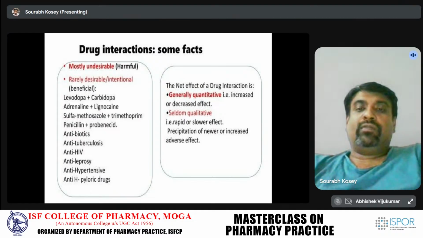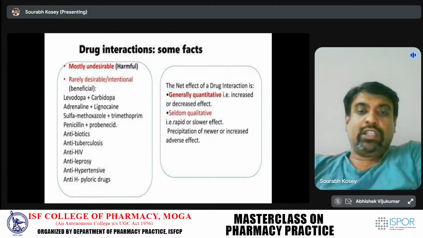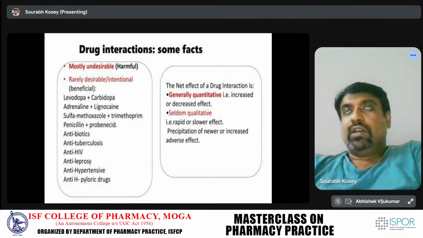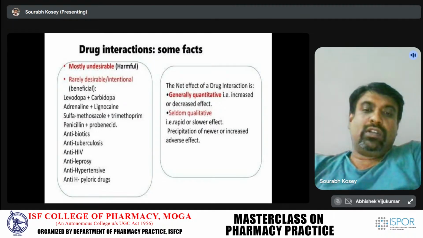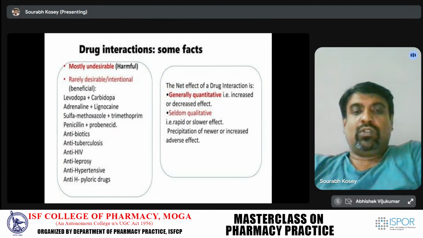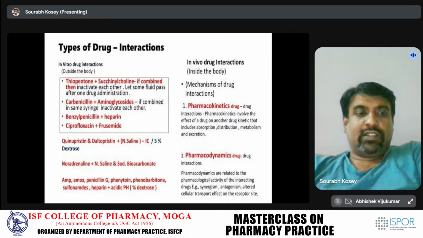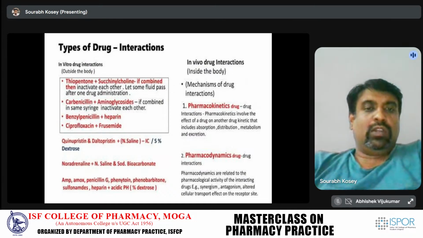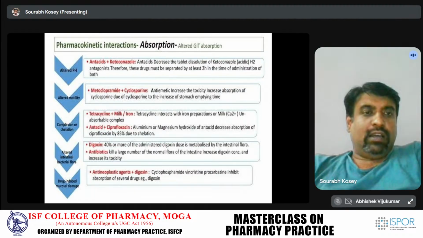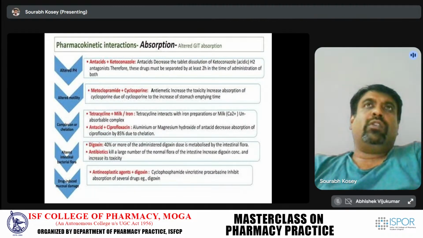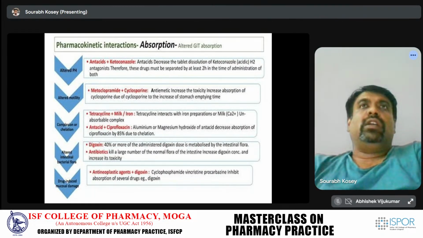The net effect of drug interactions is generally quantitative and seldom qualitative. So there is increased or decreased action, or seldom qualitative changes such as a rapid or slow effect, or precipitation of new or increased adverse effects, as in the case of thiopentone and succinylcholine.